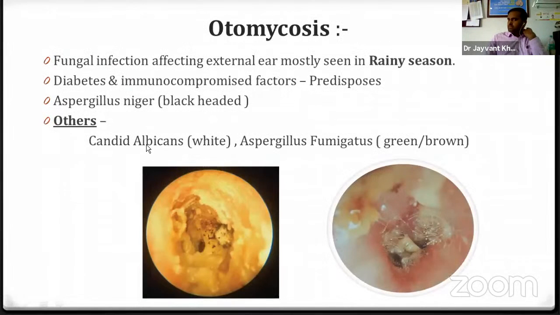Then an important disease of the external ear, that is otomycosis. We can say it as Karnakandu. It is a fungal infection affecting the external ear, mostly in the rainy season. The rainy season is coming or came already, so in these days you can see patients of Karnakandu or otomycosis.